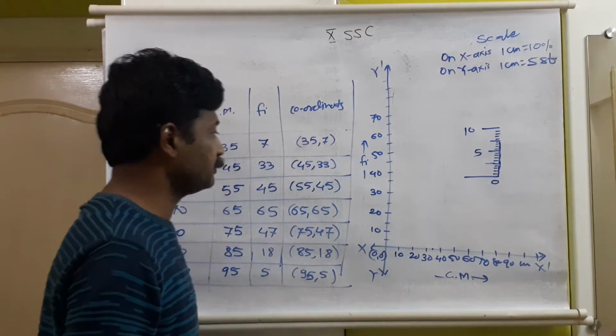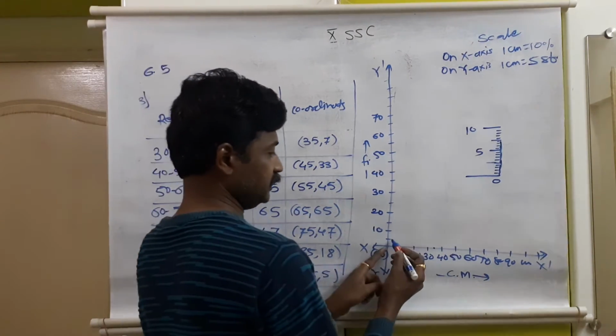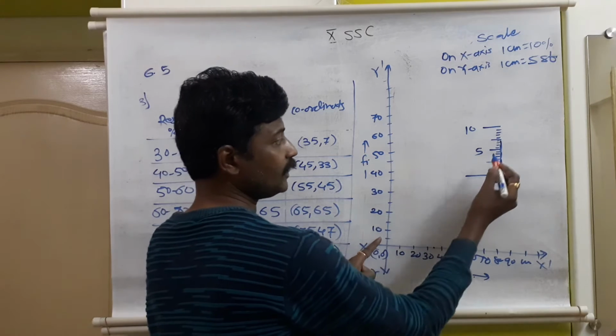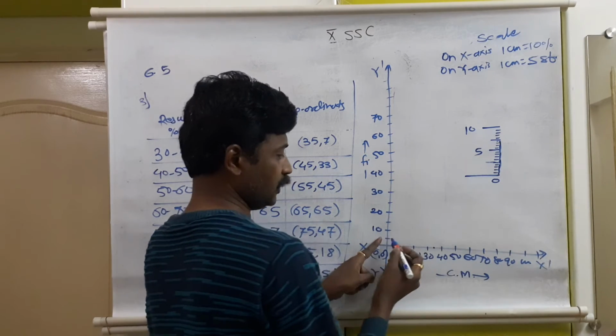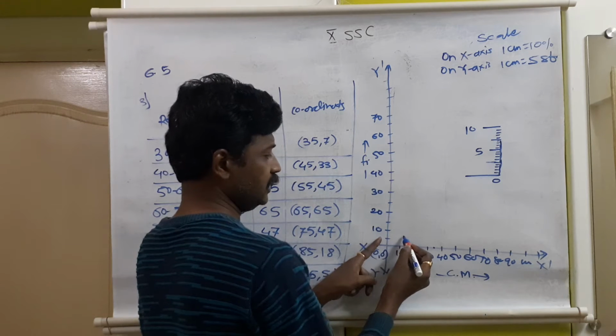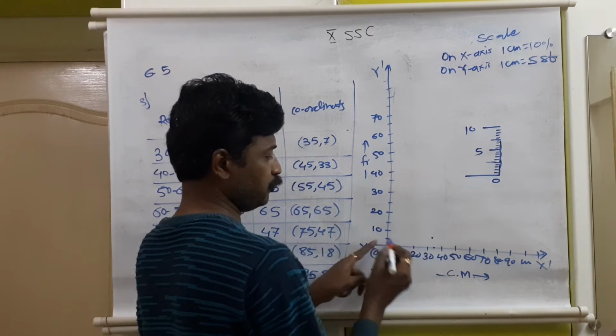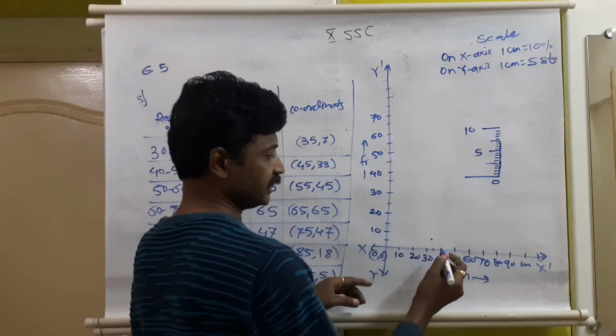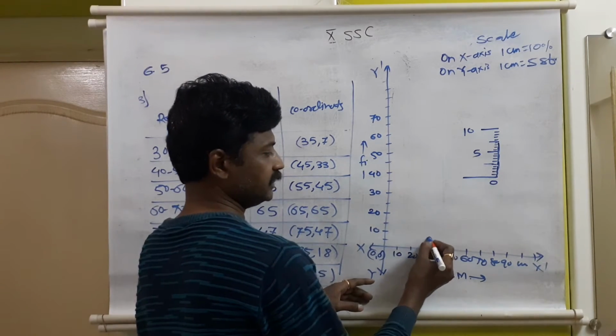Now 7, how can it be shown? 7 means after this 5, the fourth small line. So it may be somewhere here. This is the center. So this will be the point: y-axis 7, x-axis 35. Dot and circle.